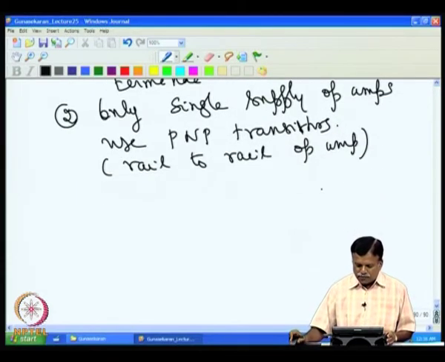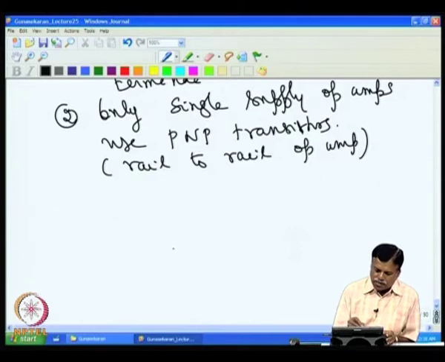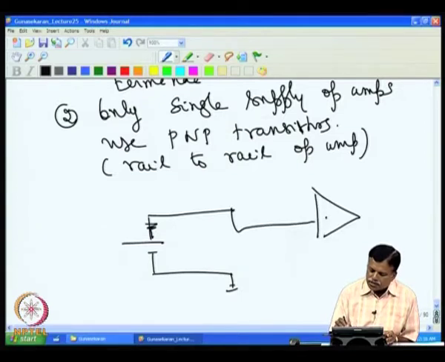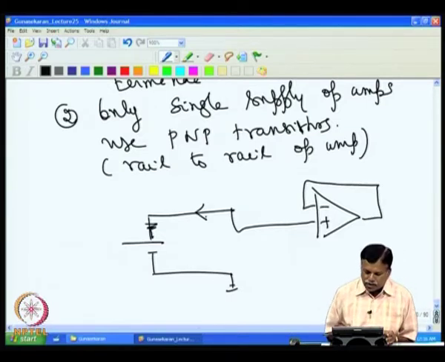So, one has to be careful in adding or subtracting the error. For example, if I use LM324 and connect this, bias current will be flowing like this.